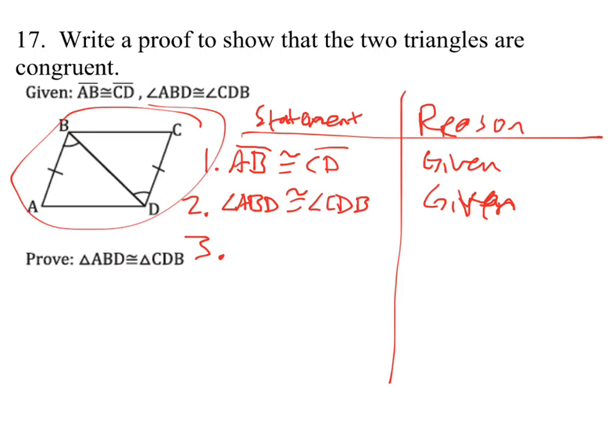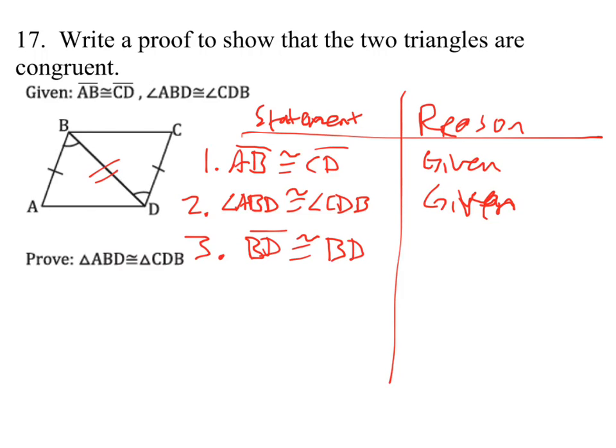And looking at this figure, I know right here in the middle, this side is congruent to itself. I'm going to add a couple congruence marks there. I know that BD is congruent to BD, and that's called the reflexive property. I'll actually write out property for you. It lets you know that the middle side is congruent to itself.